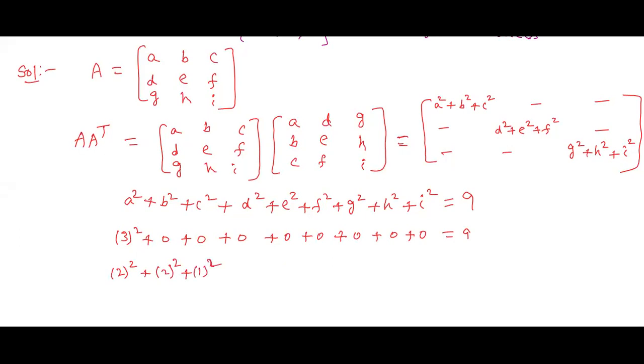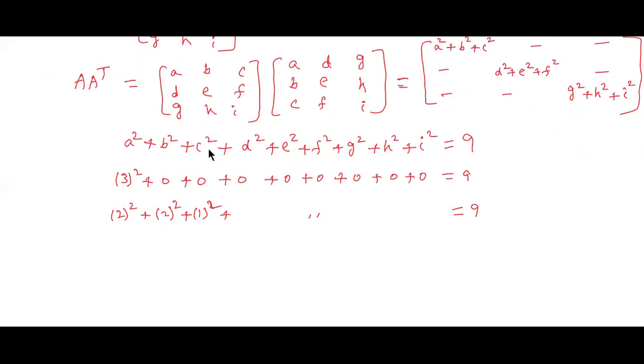The remaining elements take zeros. Their sum is 9. a to i, there are 9 elements. Each element take 1, 1 square, 1 square, and so on, the last one also 1 square. Their sum is 9.